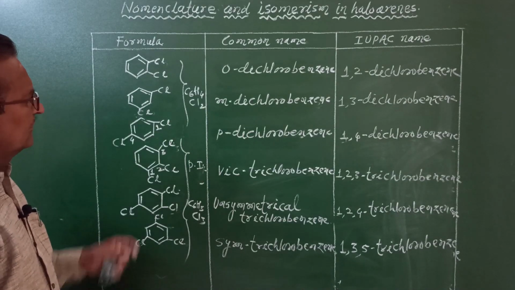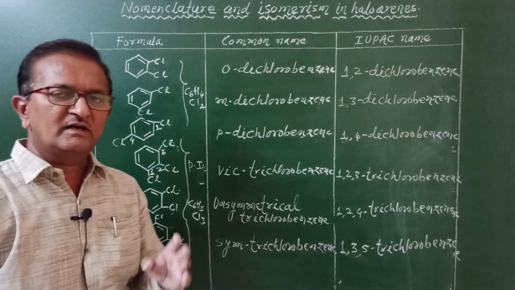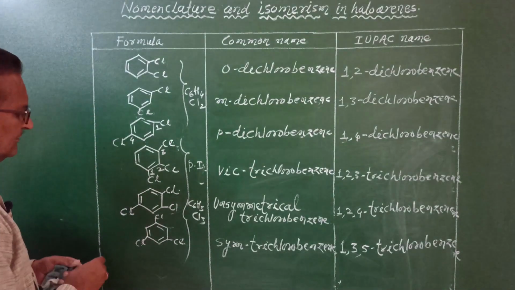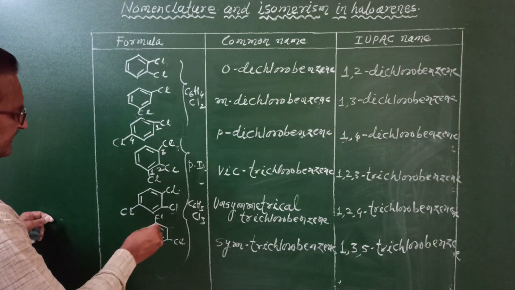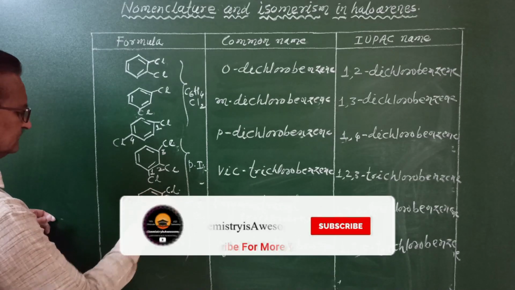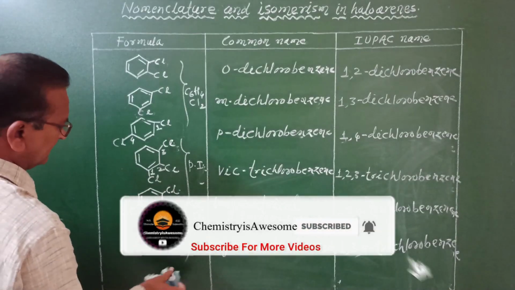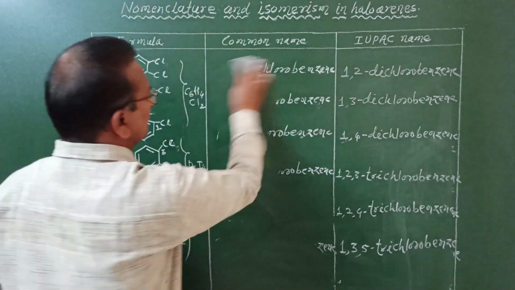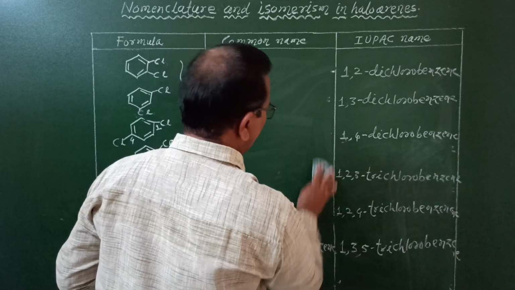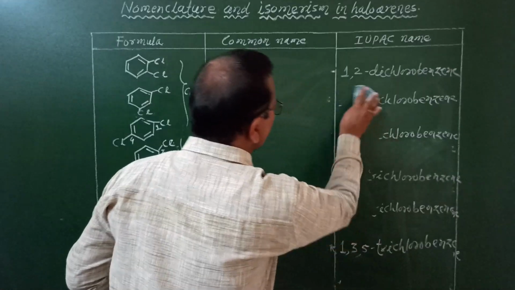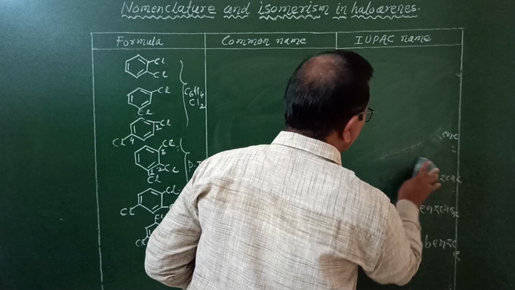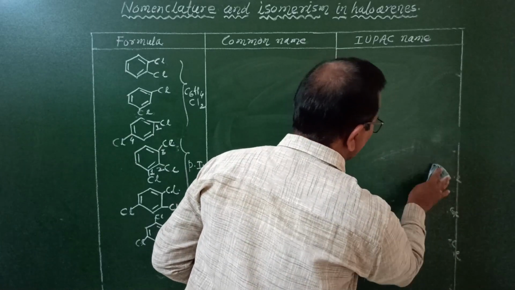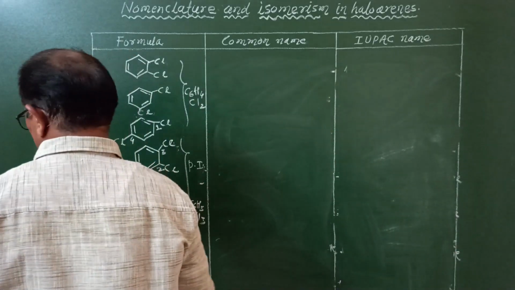Now, in the case of tetrachlorobenzene, again there are 3 isomers. In the first isomer, chlorine atoms are adjacent to each other.